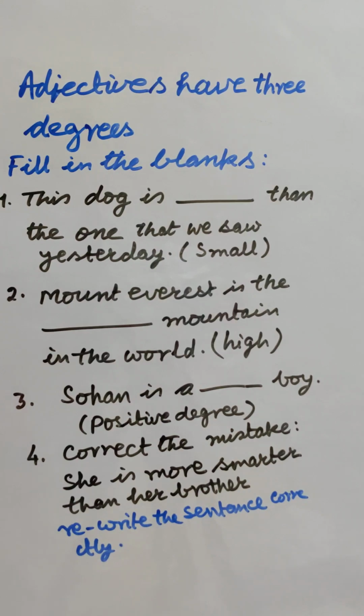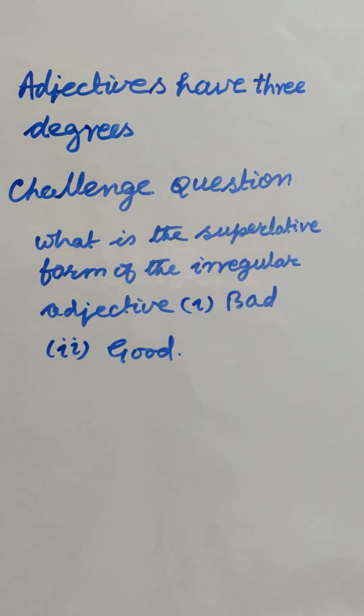Positive degree. Correct the mistake: She is more smarter than her brother. Rewrite the sentence correctly. There is a challenge question: what are the superlative forms of the irregular adjectives bad and good?